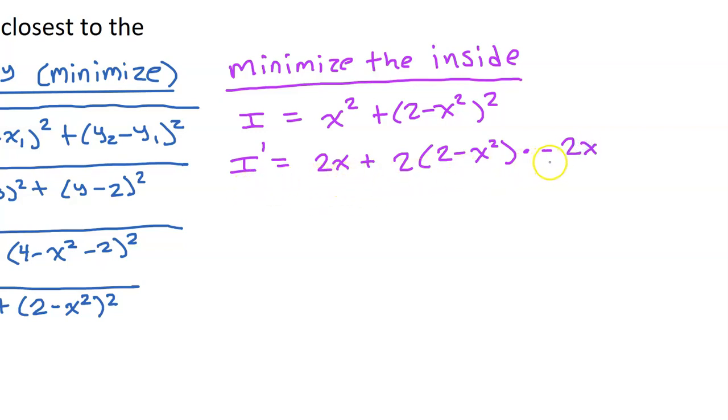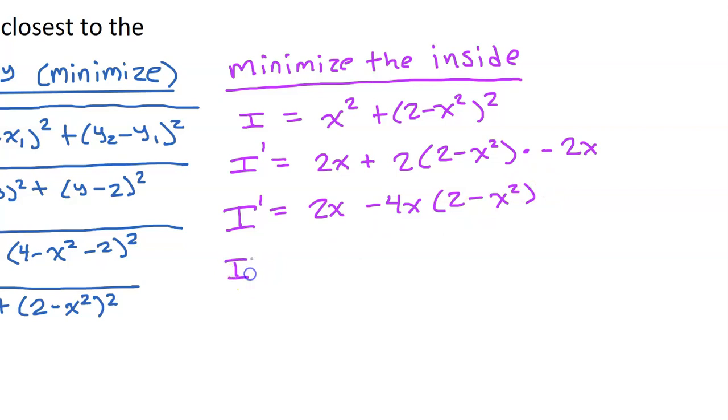So this is I prime. I see that we have 2 times negative 2x. So this will make negative 4x. So I have I prime is equal to 2x minus 4x times (2 minus x squared). Let us distribute the negative 4x across these parentheses.